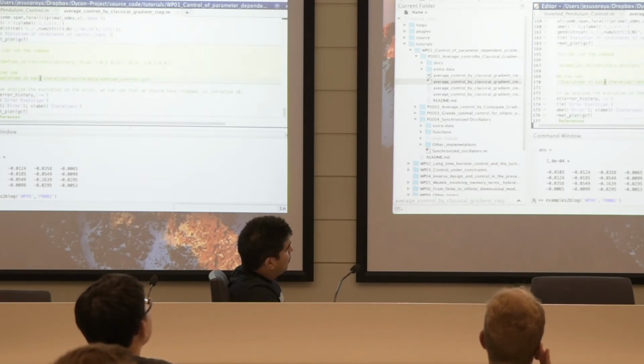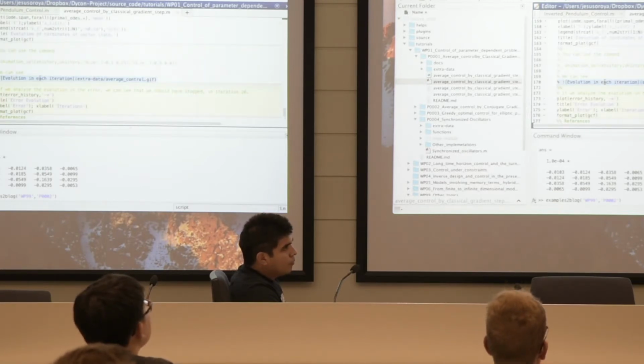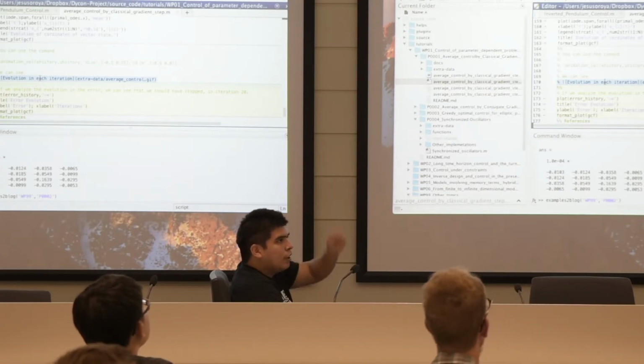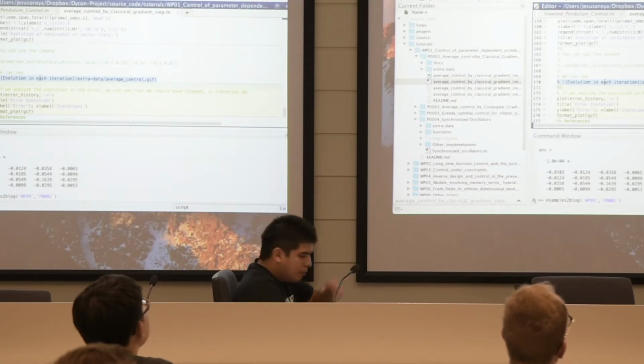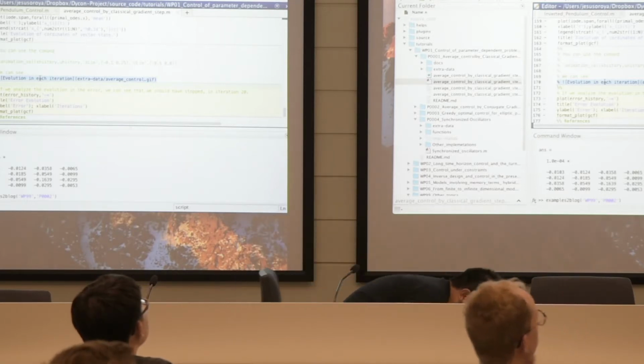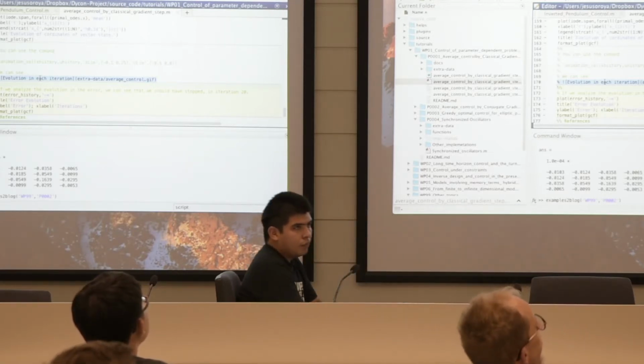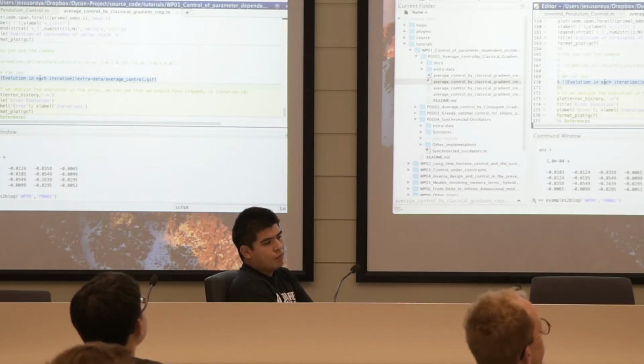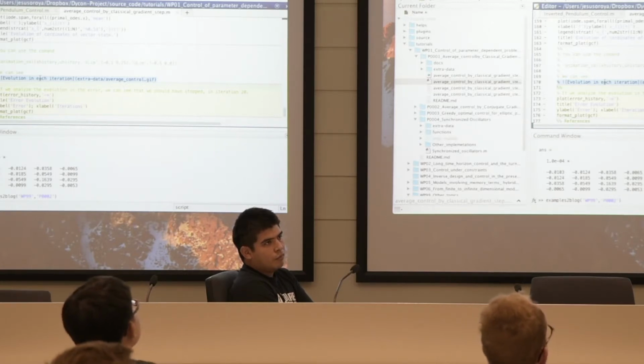For instance, in this folder they can put a book. Si quieren poner un libro que ellos están usando, un artículo que han usado, o una imagen para inspirarse, o algo que hayan dibujado y que les parece pertinente. So whatever. So you have done some draft simulations that you want to put there. You can. If you have used some article that you found in the internet that inspired you to write a code that way, you can put it.